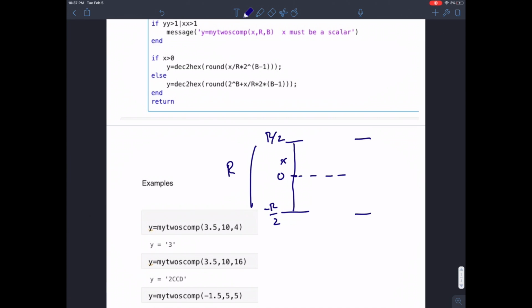For the positive numbers, you're scaling everything to go between 0 and 2 to the b minus 1, where the number of bits that you use in 2's complement is b.